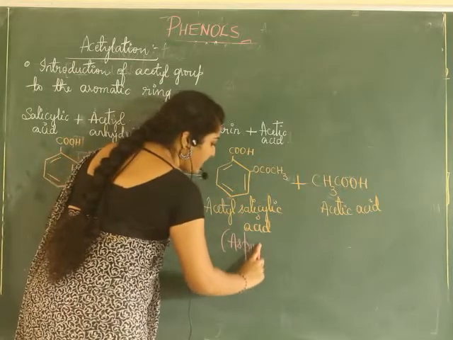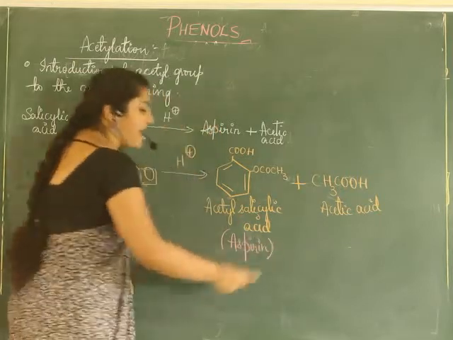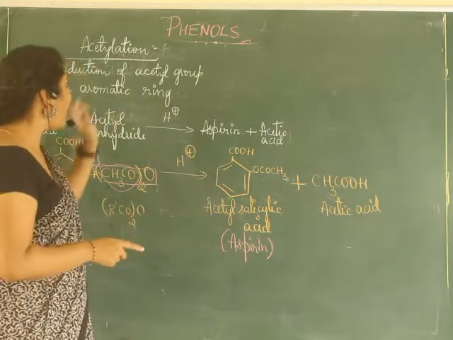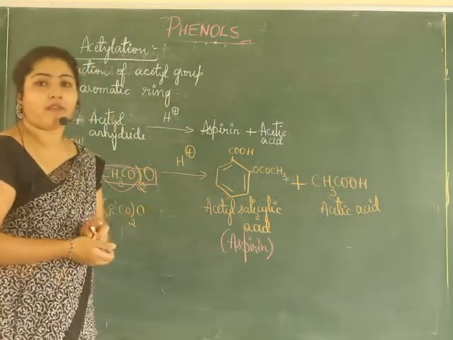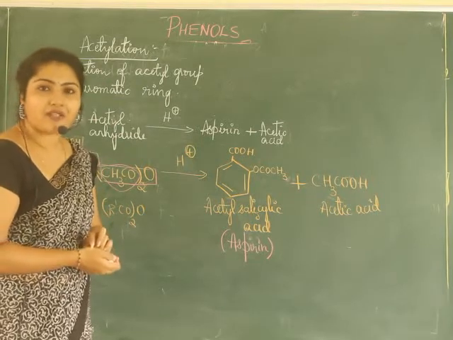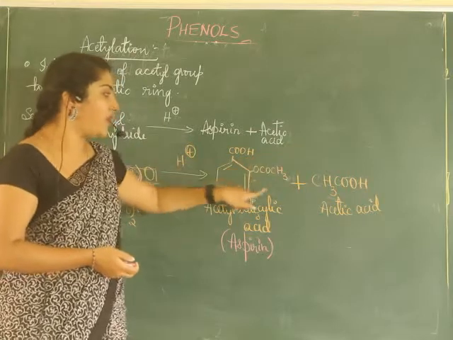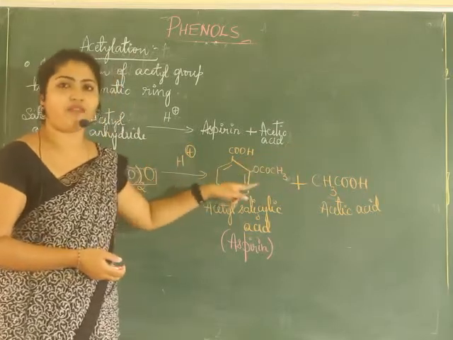So they can either ask you, explain the preparation of aspirin from phenols, otherwise explain the acetylation of phenols. So what is acetylation? Acetylation is the process of introduction of acetyl group to the aromatic ring of phenols.